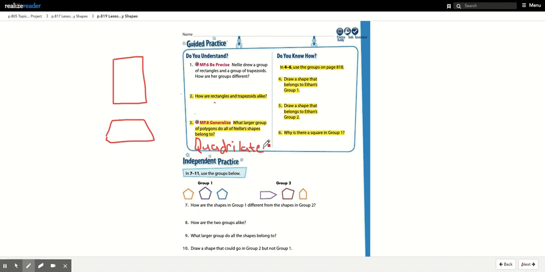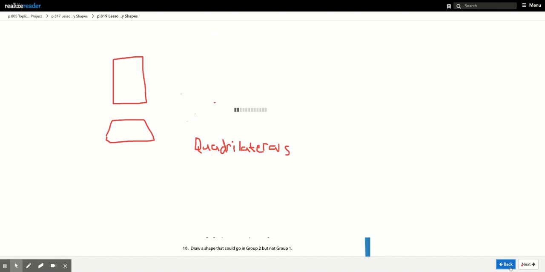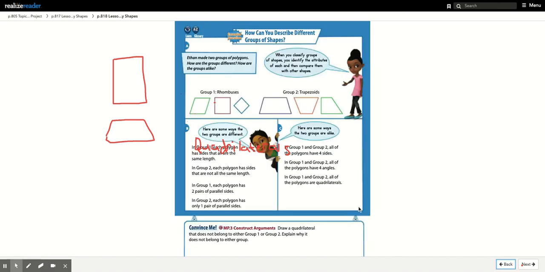And as I mentioned, please make sure you're working with me, not ahead, not just sitting there, working with me. Let's take a look at the next three. In 4 through 6, use the groups on page 818. Now, this might be a little hard, so I'm just going to work on this with you, just because you don't have the book in front of you. So let's look at 818.